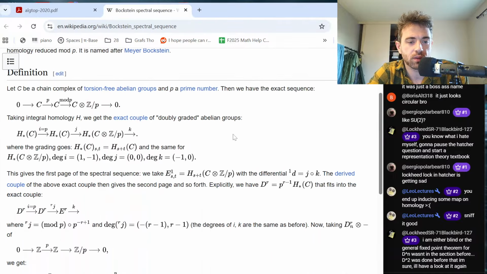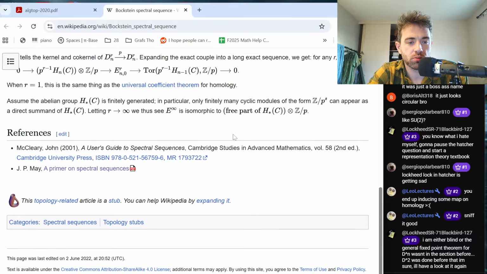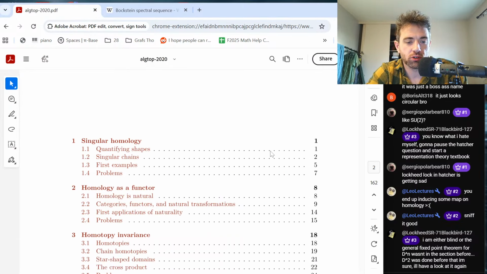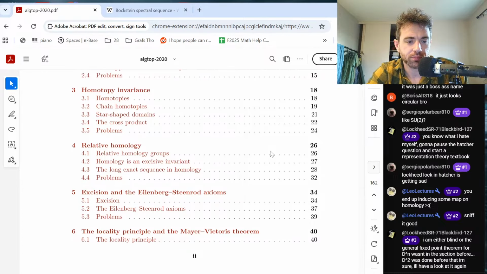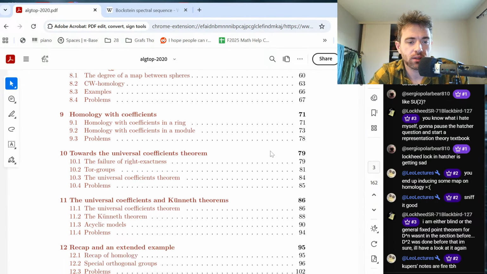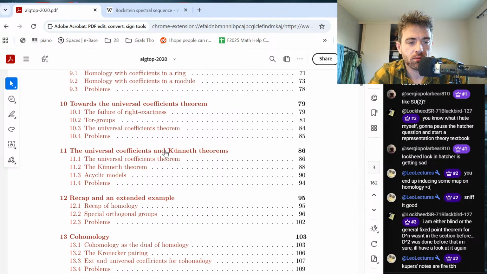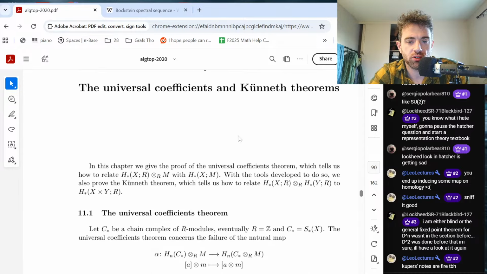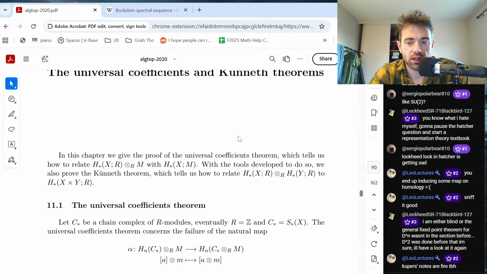So maybe we should look at this document, universal coefficients and Künneth theorems, before going to Weibel. Yeah, I mean, this will be good for us anyways.